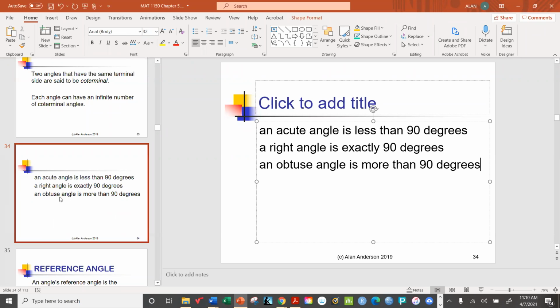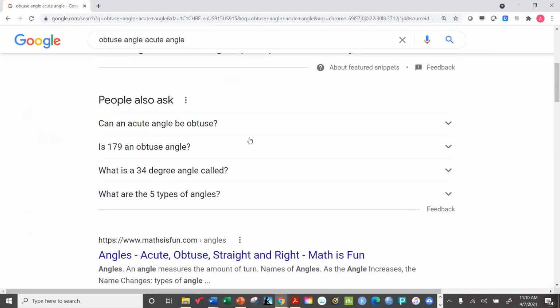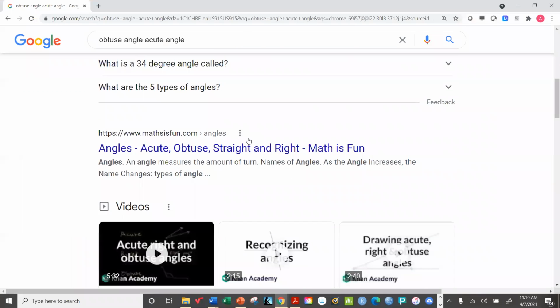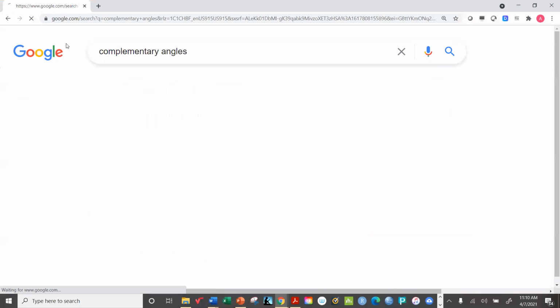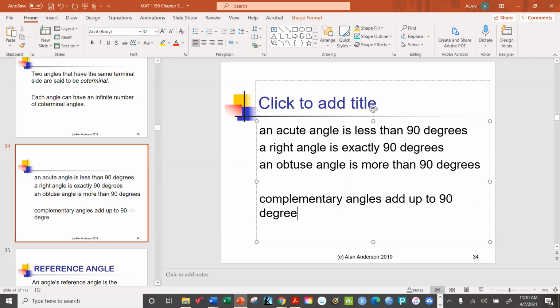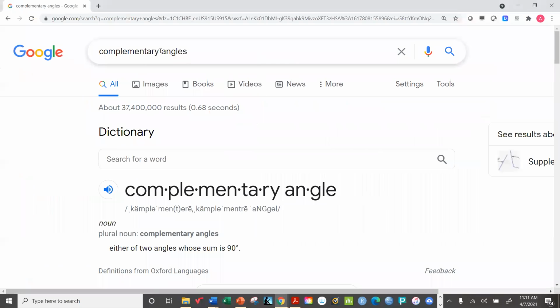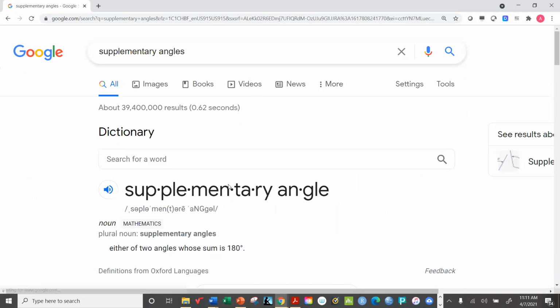There are also complementary angles. And supplementary angles, which add up to 180.